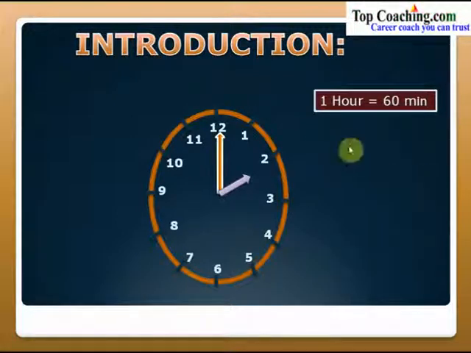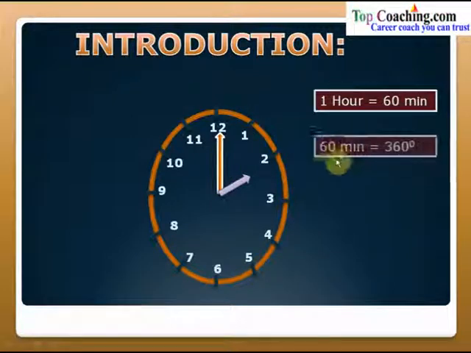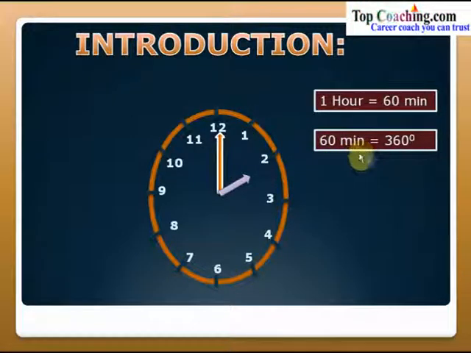Now you can also see that this is an entire circle. So when the minute hand completes this entire circle, it has moved an angle of 360 degrees. So in 1 hour or in 60 minutes, the minute hand has covered 360 degrees. Now in all there are 12 hours and the total number of degrees is 360.